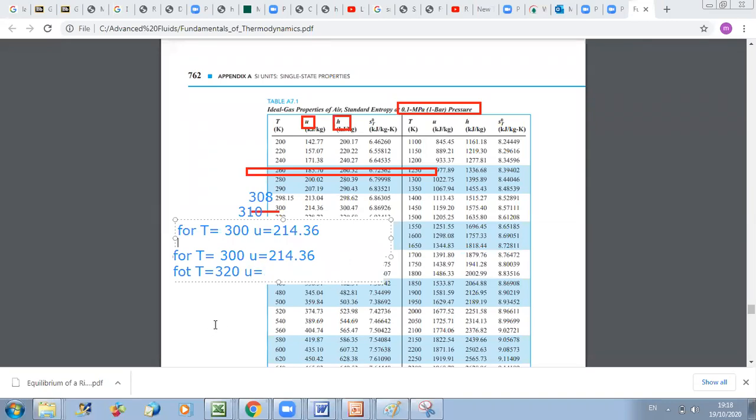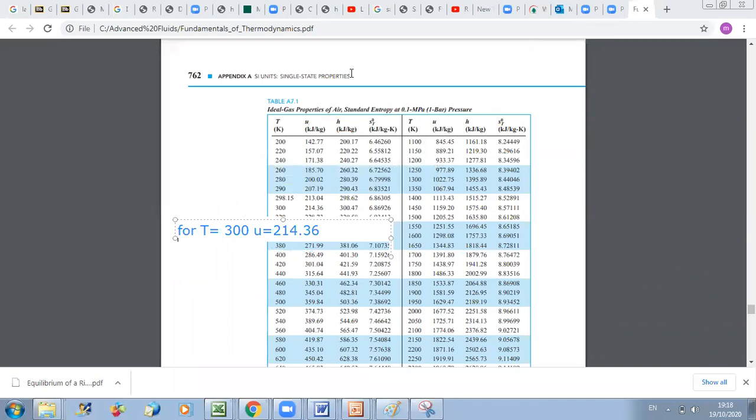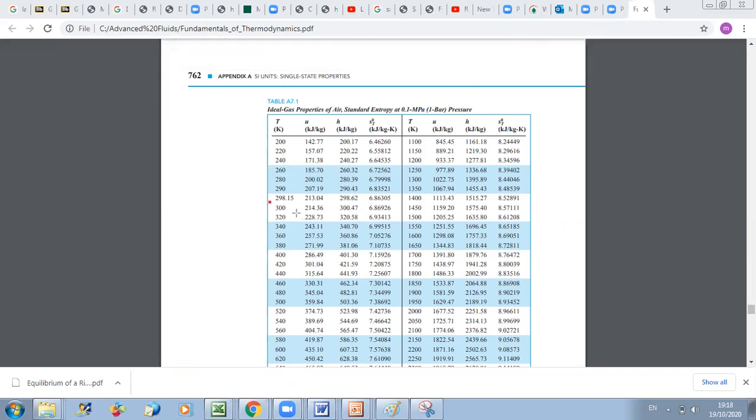so I cannot see it here. Let me clear everything. Okay, so here I will take the following values in this interval, and I can do linear interpolation.